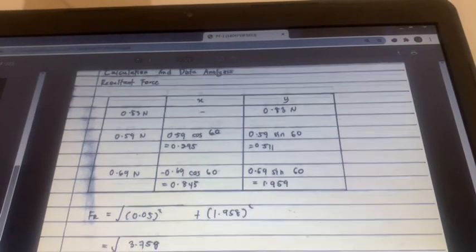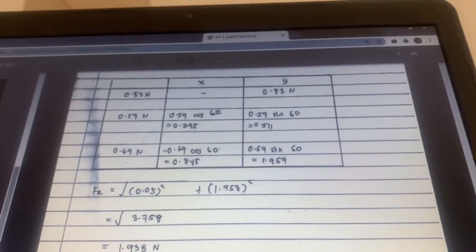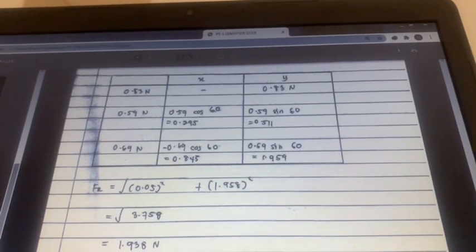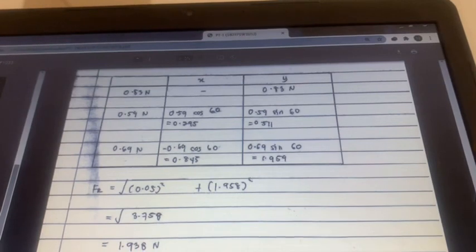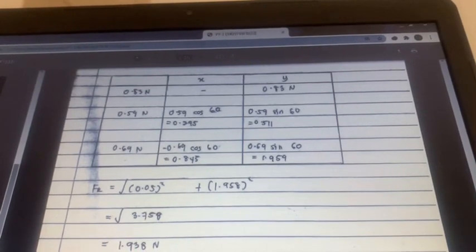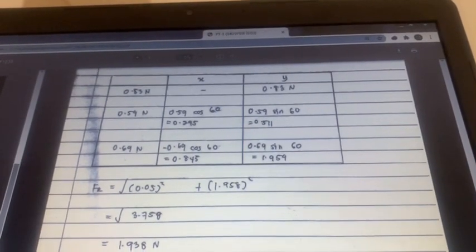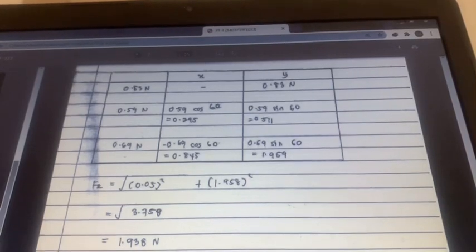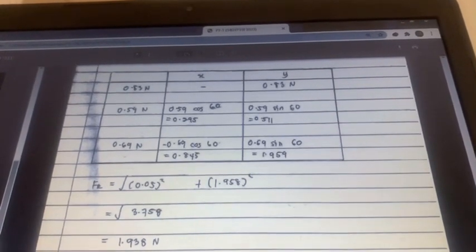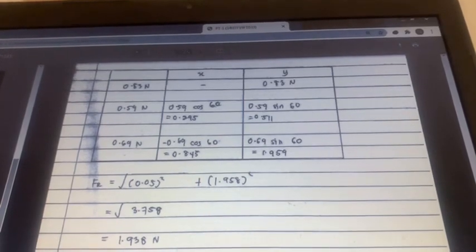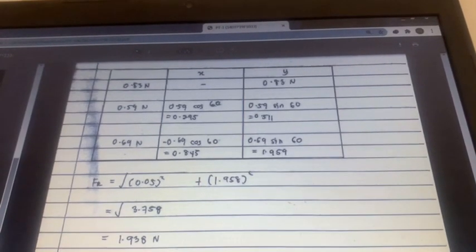FR equals the square root of 0.05 to the power of 2 plus 1.958 to the power of 2, equal to 3.758.